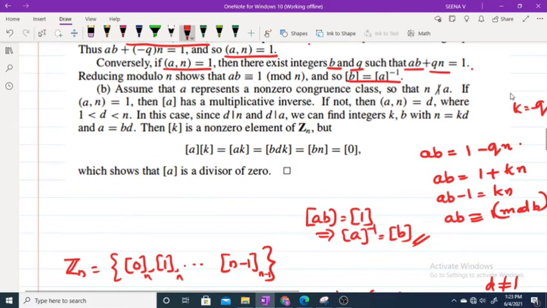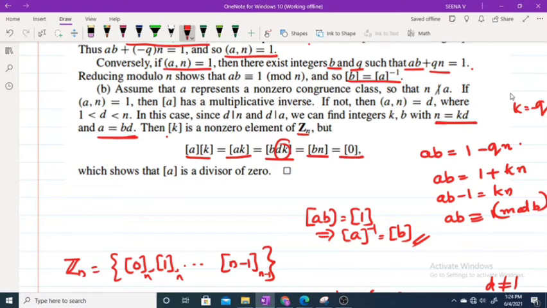So we have n equal to kd and a equal to bd. Now k is a non-zero element of Z. But what is ak? ak is equal to bdk, and kd you can write as n, so it is bn. But bn is a multiple of n, therefore this is equal to 0.